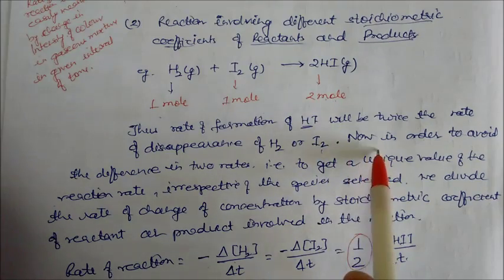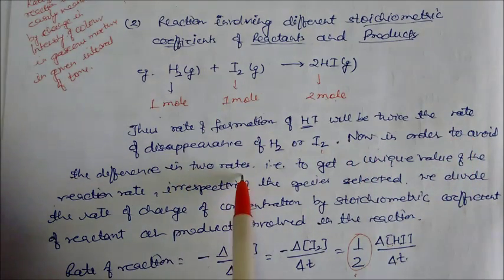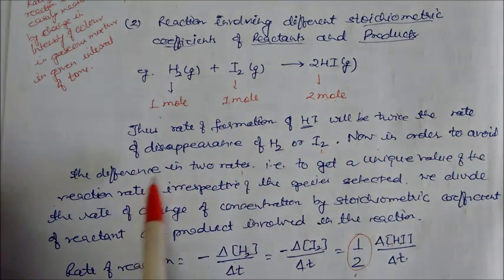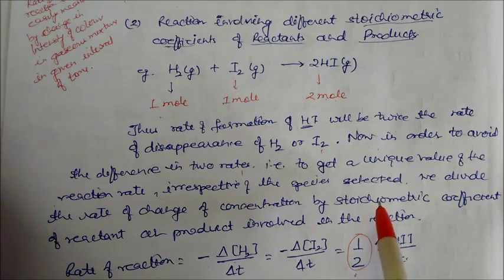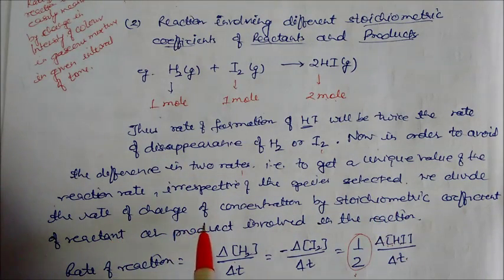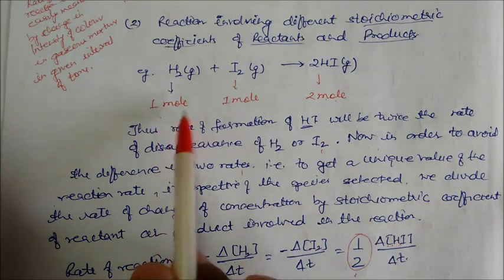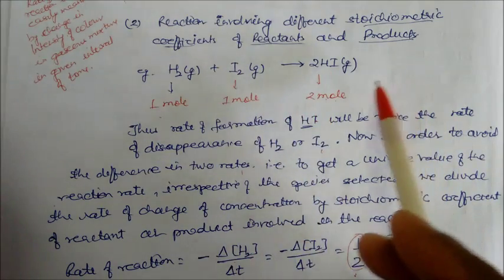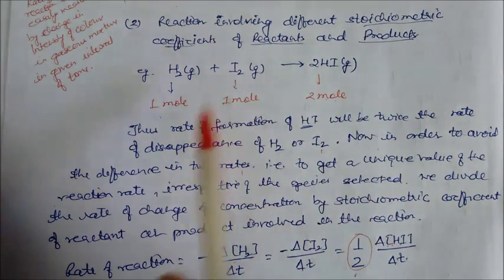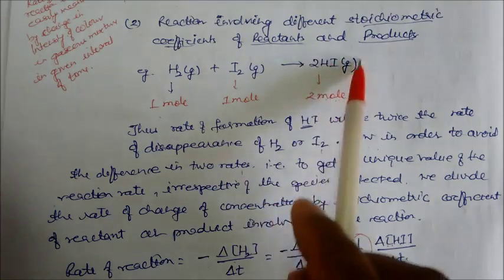So, in order to avoid the difference between the two rates, that is, to get a unique value of the reaction rate irrespective of the species selected, we divide the rate of change of concentration by the stoichiometric coefficient of the reactant or product involved in the reaction. So 1 mole reacting with 1 mole gives 2 moles, so this product is double.